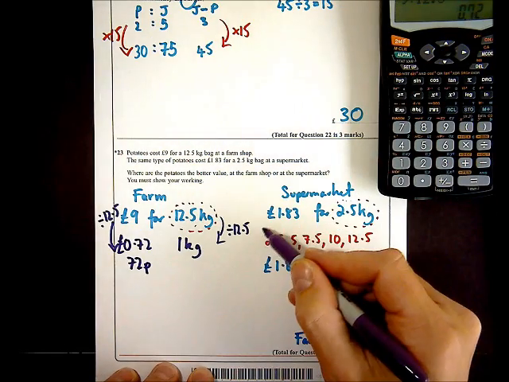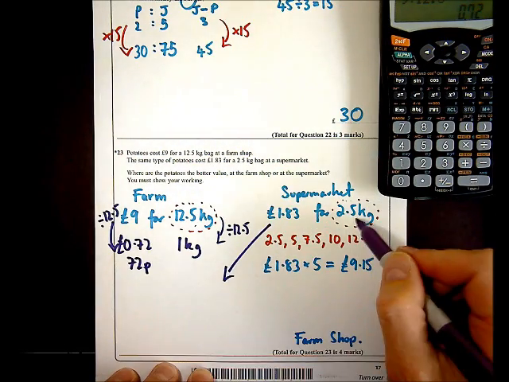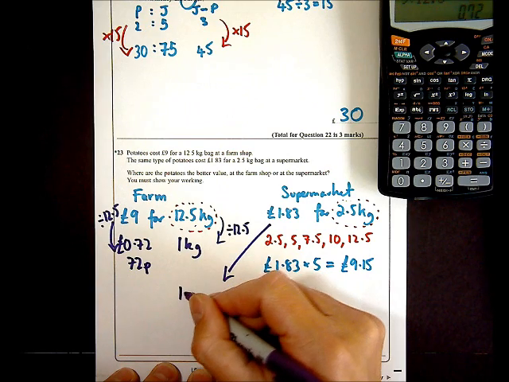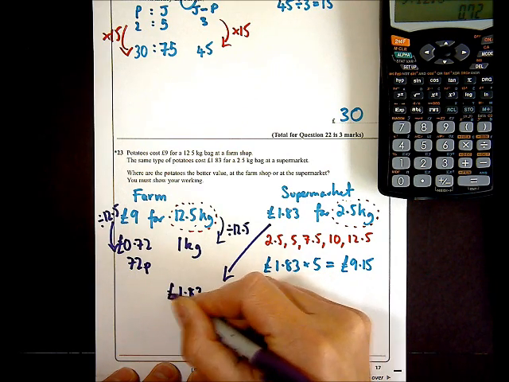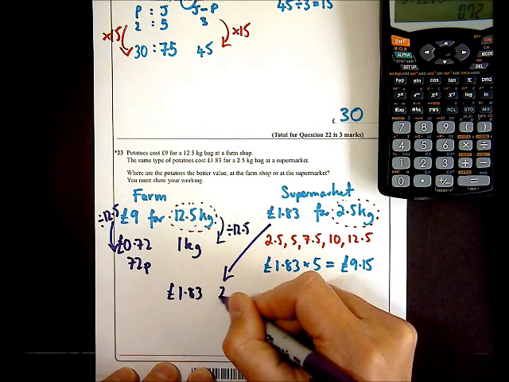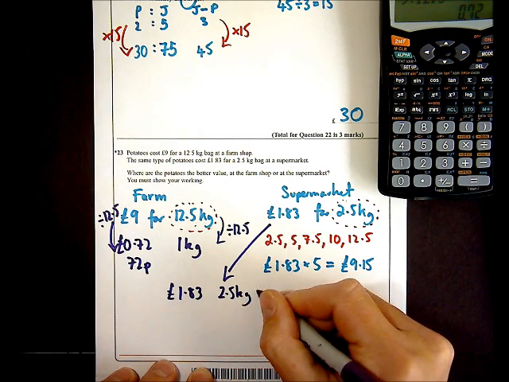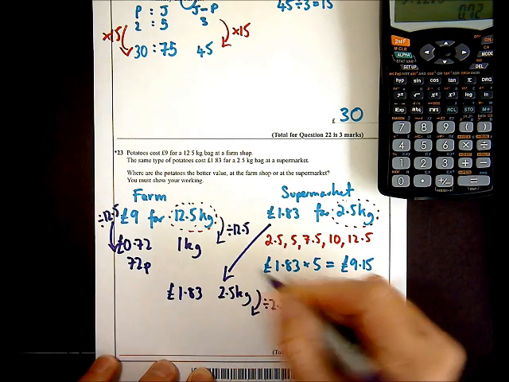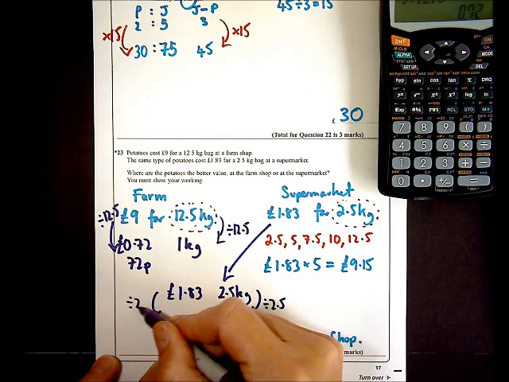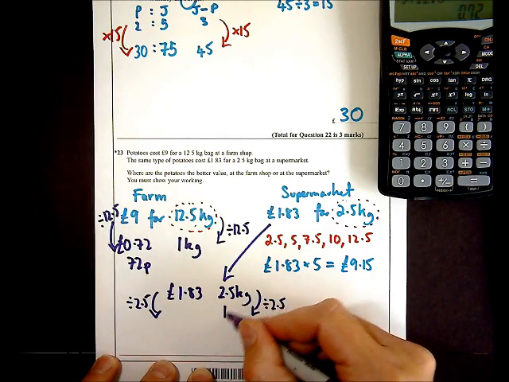Similarly, if I do that for the supermarket, I can see that I'm going to have to divide both sides by 2.5, and that will tell me what 1 kilogram costs at the supermarket.